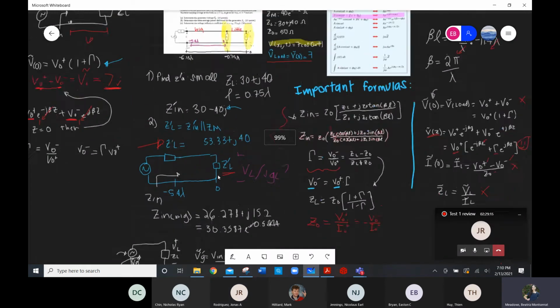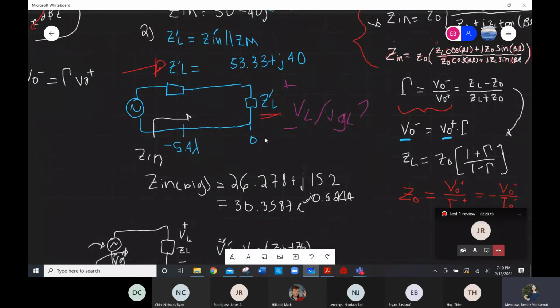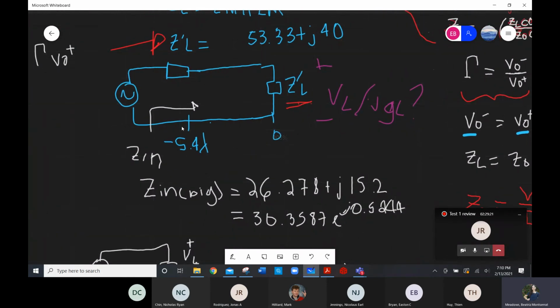But we actually have a lot of information about this problem already. This is the big transmission line, by the way. Remember, we needed to find this length. We already have Z prime L. We've solved for Z in, and now we have BL. So all we need to do is do that voltage divider, and we're done.